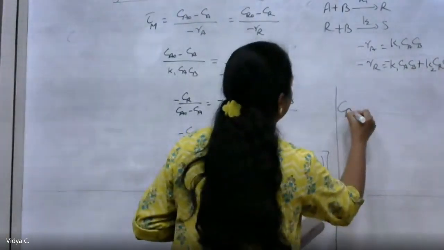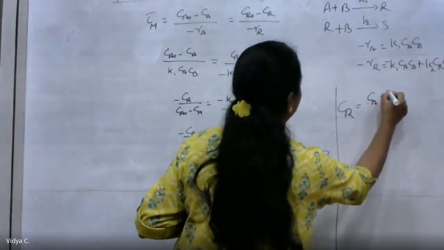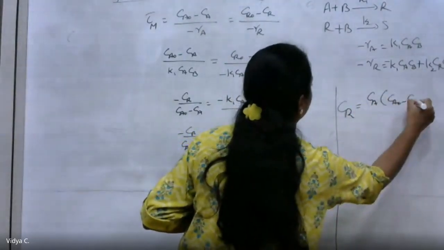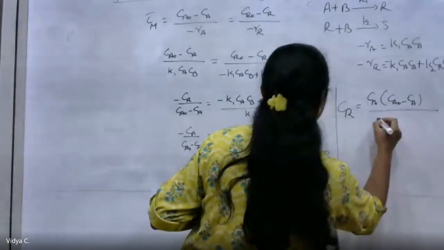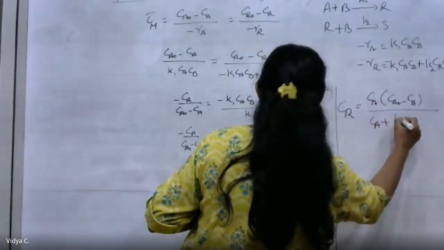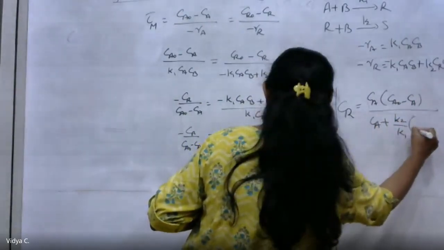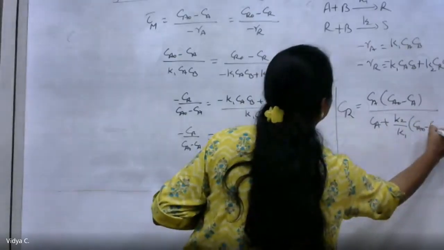So CR will be equal to CA into CA naught minus CA by CA plus K2 by K1 into CA naught minus CA.